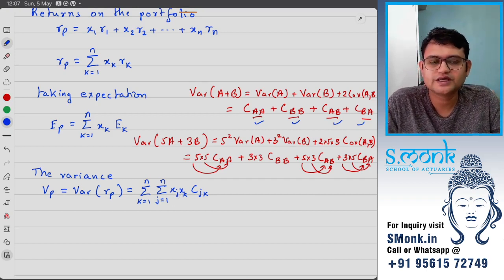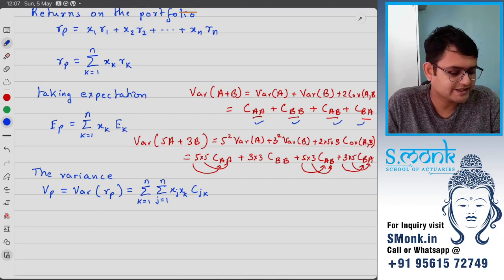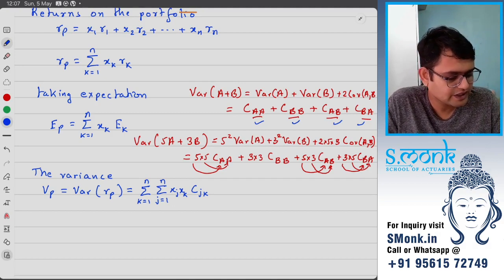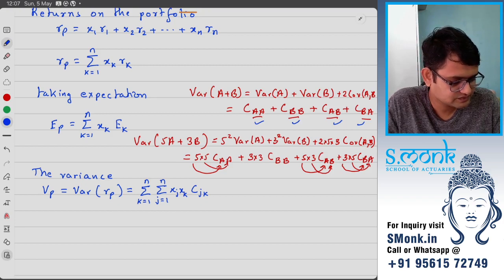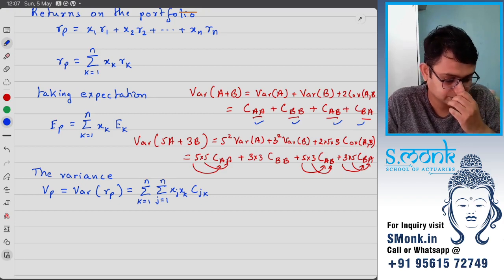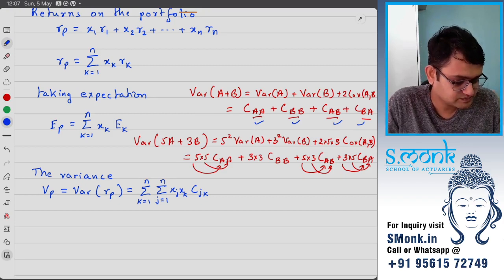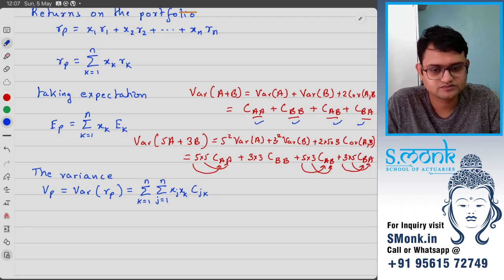Proportion for the jth asset and proportion for the kth asset. Any problem?